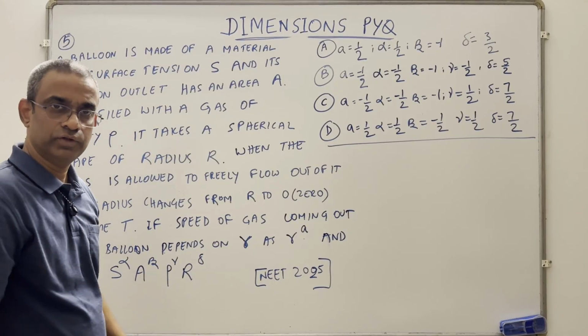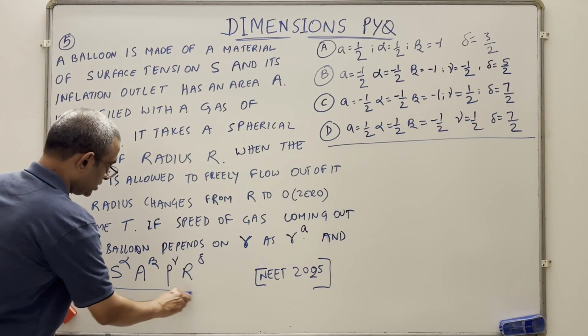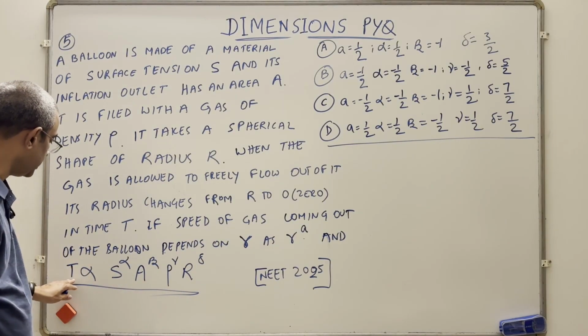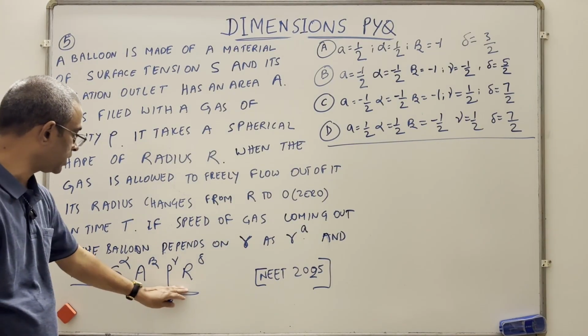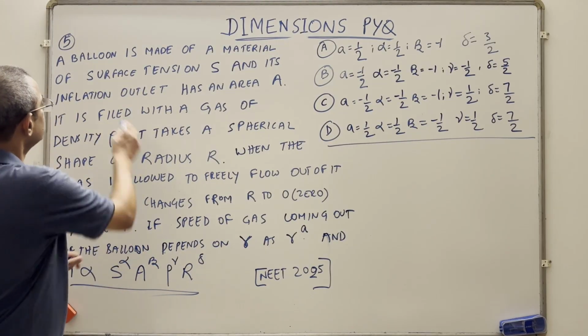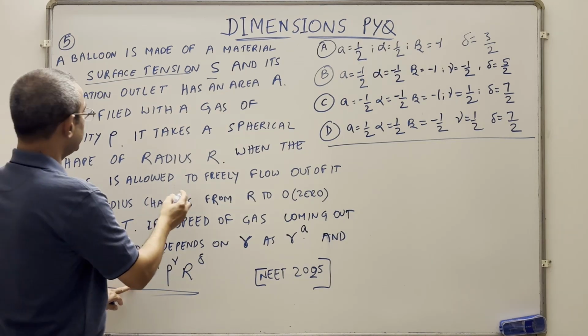This may seem confusing, but if we focus on this one and use dimensional analysis, it becomes very easy. So they are saying time period is proportional to something. Now what is S? S is surface tension. What is A? A is area.